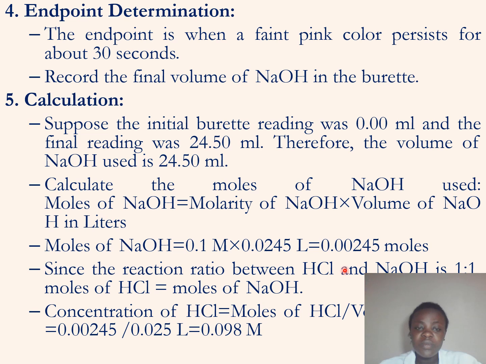Now I have the number of moles of what? Of sodium hydroxide. But what I need is the concentration of hydrochloric acid. So I need now to get the number of moles of hydrochloric acid. From the reaction, we saw that the ratio between hydrochloric acid and sodium hydroxide was 1:1, meaning the number of moles of sodium hydroxide is equal to the number of moles of hydrochloric acid.